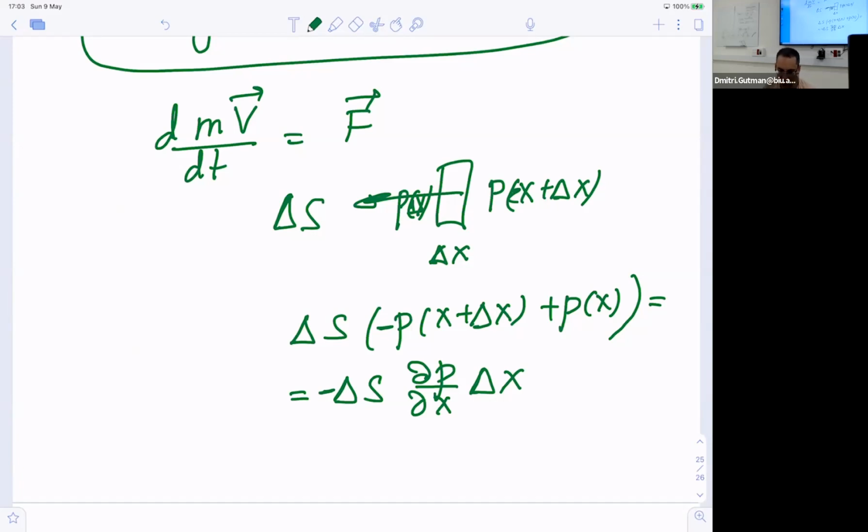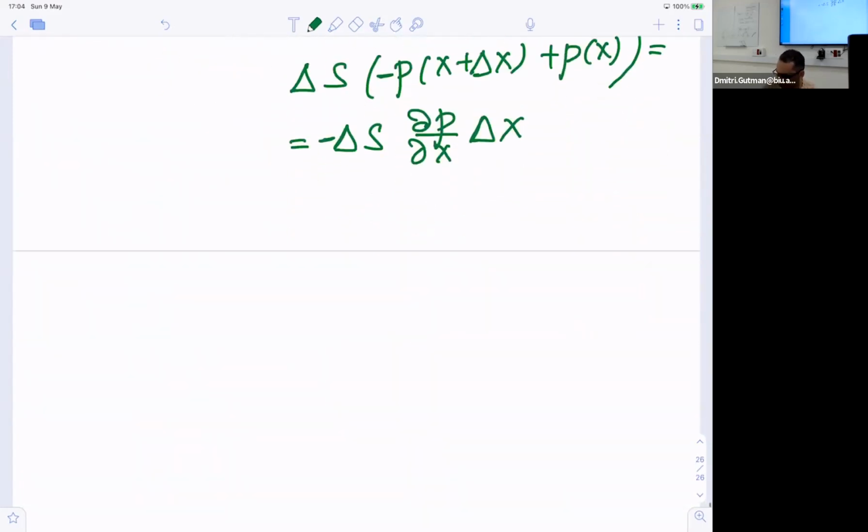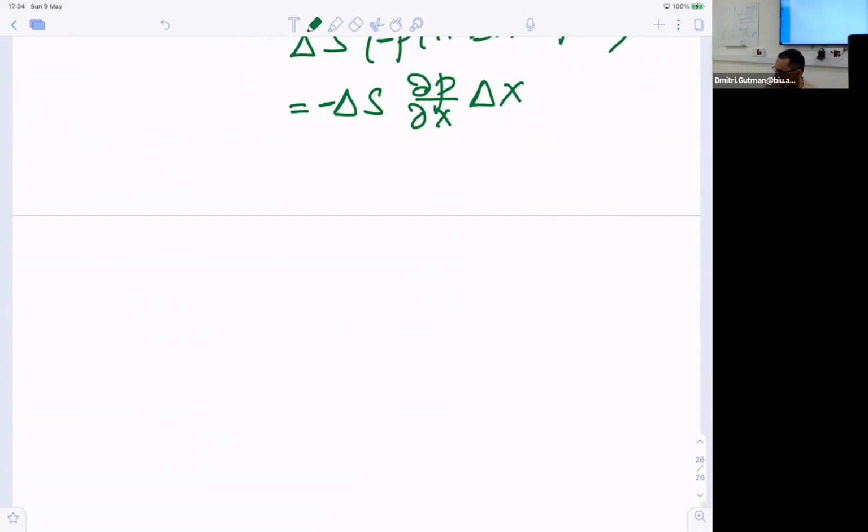So we got classical equations of fluid. We got the Navier-Stokes equation, and if we work for another half an hour, we'll get the equation for energy. However, these are almost the Navier-Stokes equation.